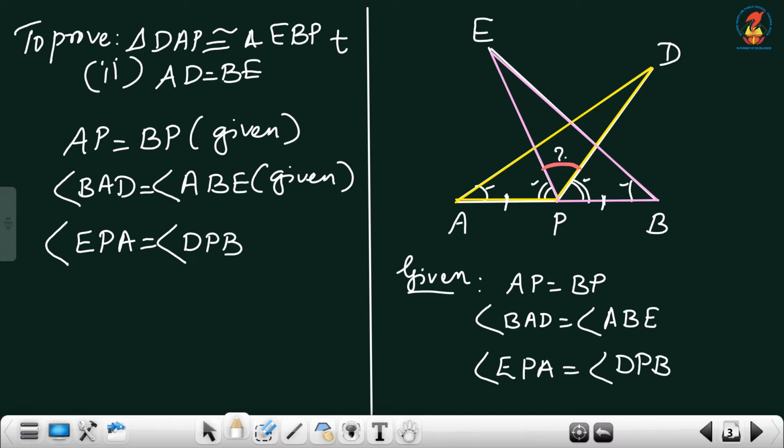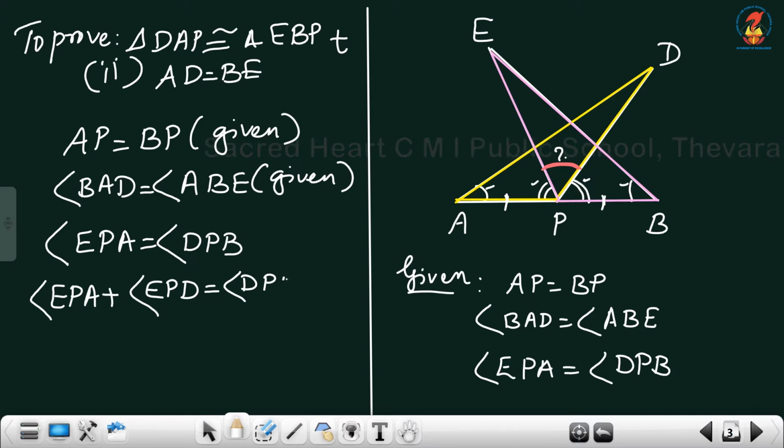So, we need to get the full angle. For that, we have to add angle EPD on both sides. So, angle EPA plus angle EPD is equal to angle DPB plus angle EPD.